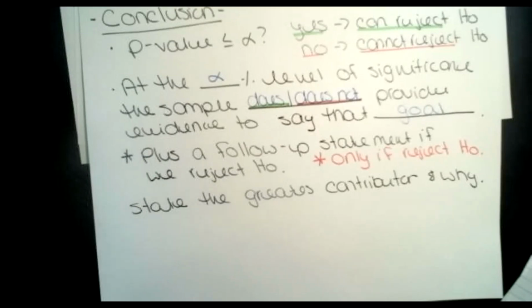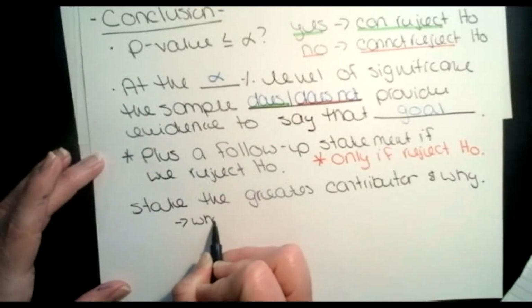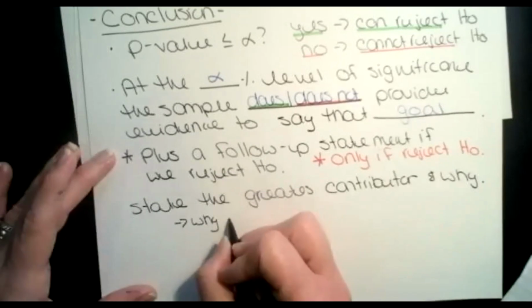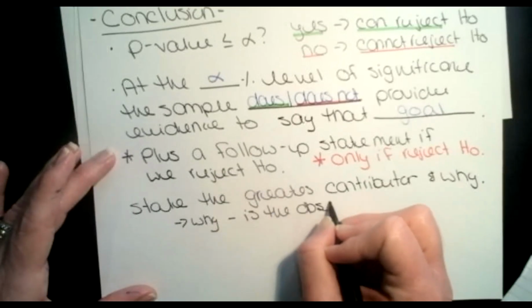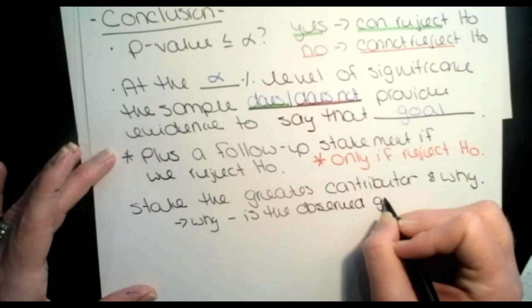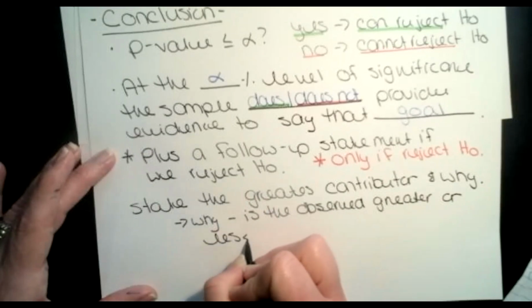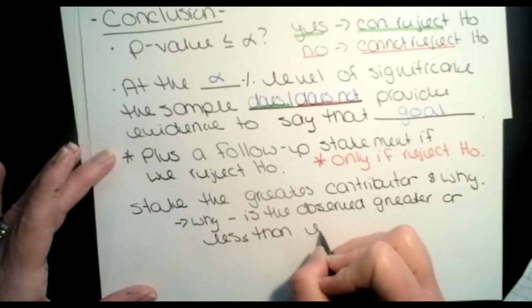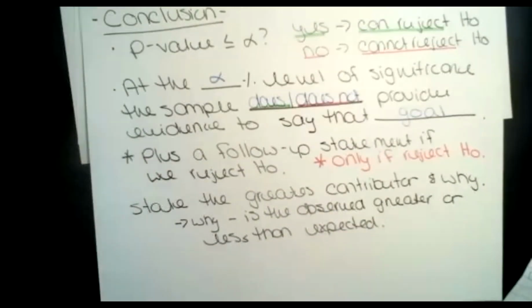So which observed value is furthest from the expected, okay? That's what we're going to do. And then we want to mention the why: is the observed greater or less than expected? So you're going to be very specific, and we'll see in an example.